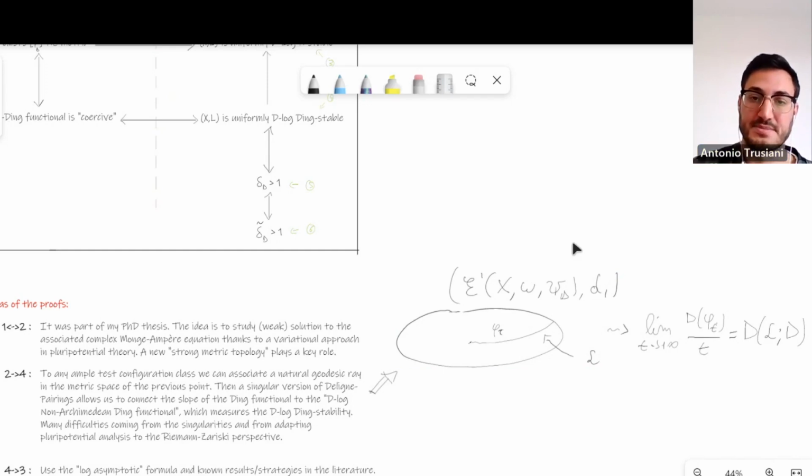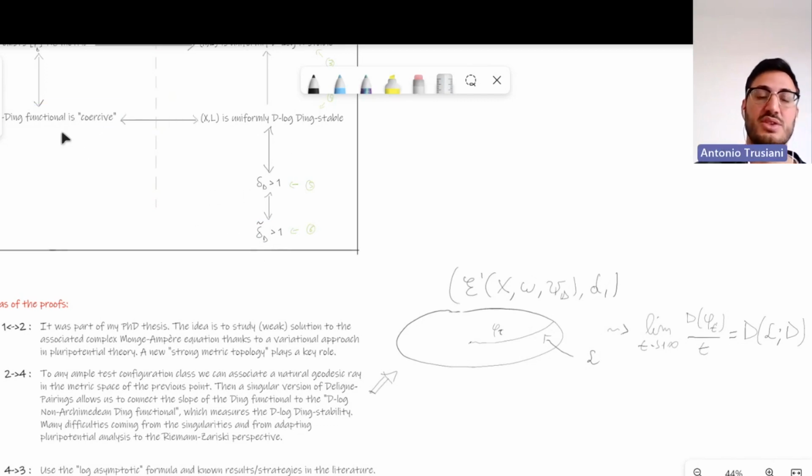So there are many difficulties, but we can prove that delta bigger than 1 is equivalent to delta tilde equal to 1. This is just from the definition, we will see in one moment. And then from this delta tilde, we can go back to the coercivity. And this is the arrow that concludes this equivalence.